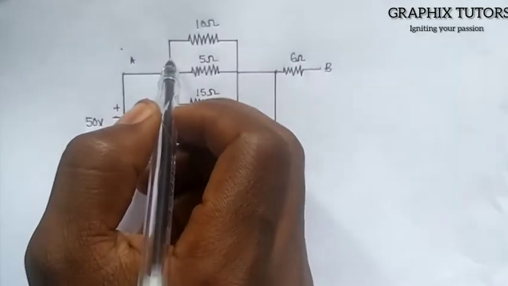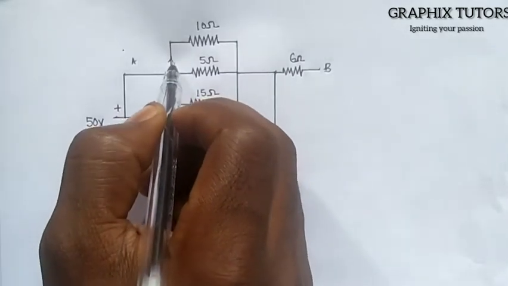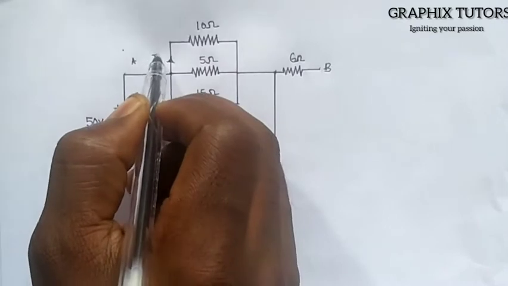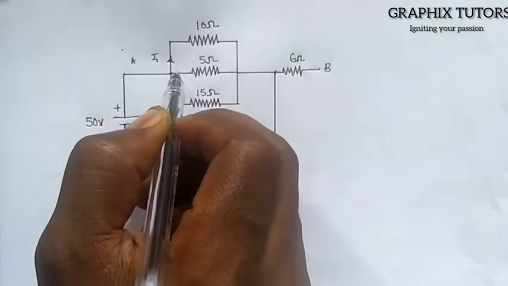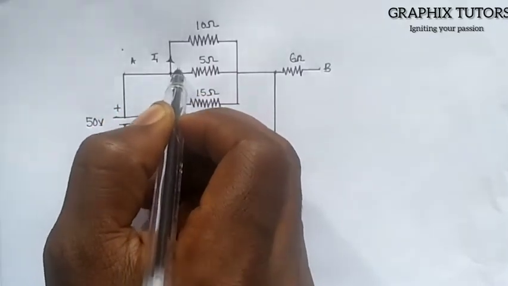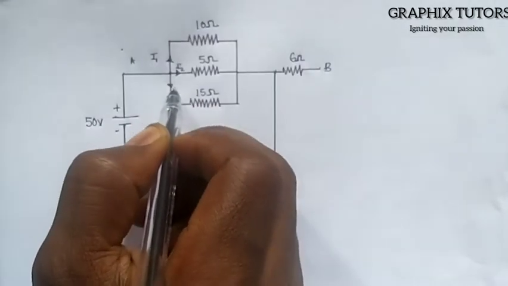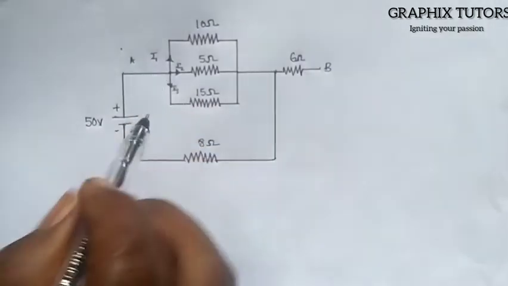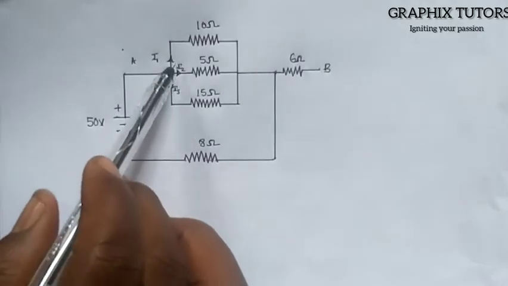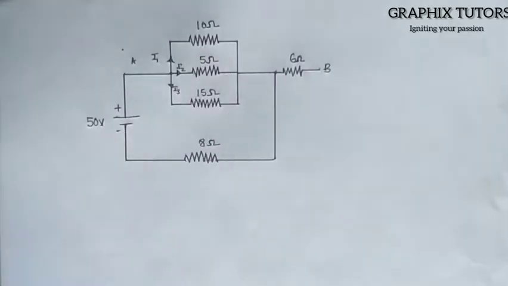We assume the current coming through here is I1, the current through here is I2, and the one coming through here is I3. Because three different currents are flowing into three different resistors, those three resistors are in parallel.